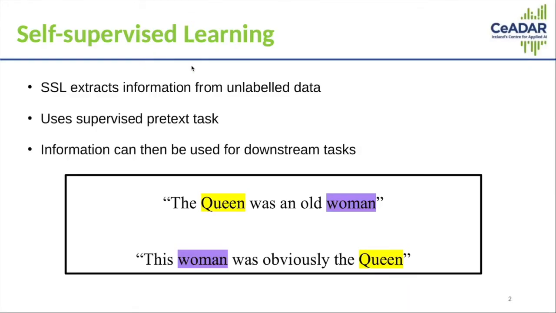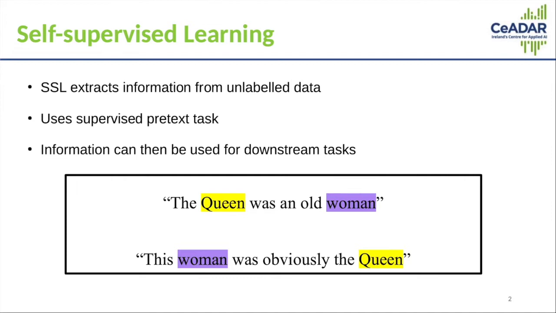I'll start with a brief recap of self-supervised learning. Self-supervised learning is the process of extracting information from unlabeled data using a kind of artificial supervised task called a pretext task. Once this information has been extracted, it can be used for downstream tasks such as classification. In the case of text, even if your text isn't labeled, there's still important information contained within it.